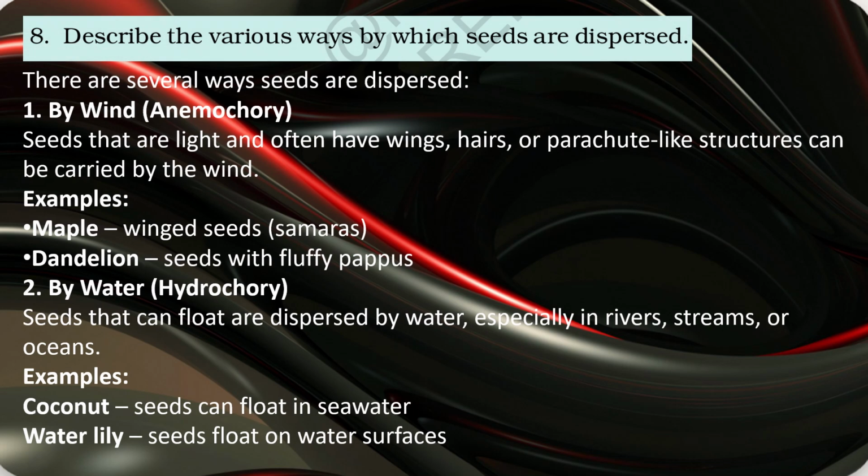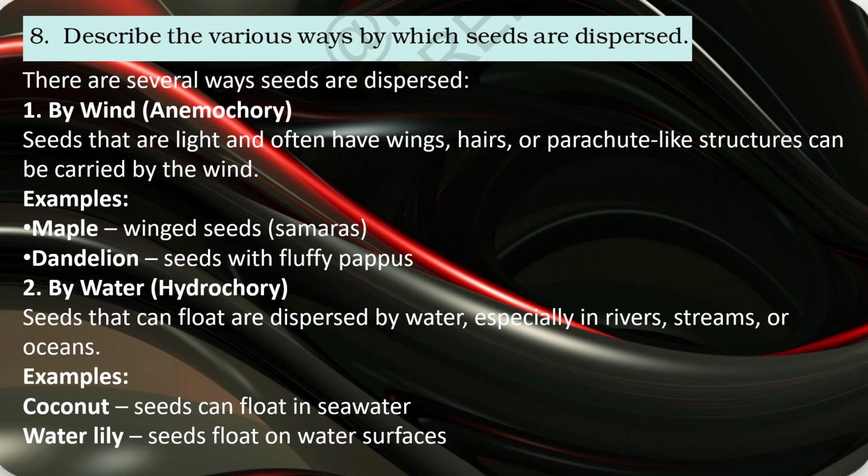Question number 8. Describe the various ways by which seeds are dispersed. There are several ways seeds are dispersed. One is by wind, anemochory. The seeds that are light and often have wings, hairs, or parachute-like structures can be carried by the wind.